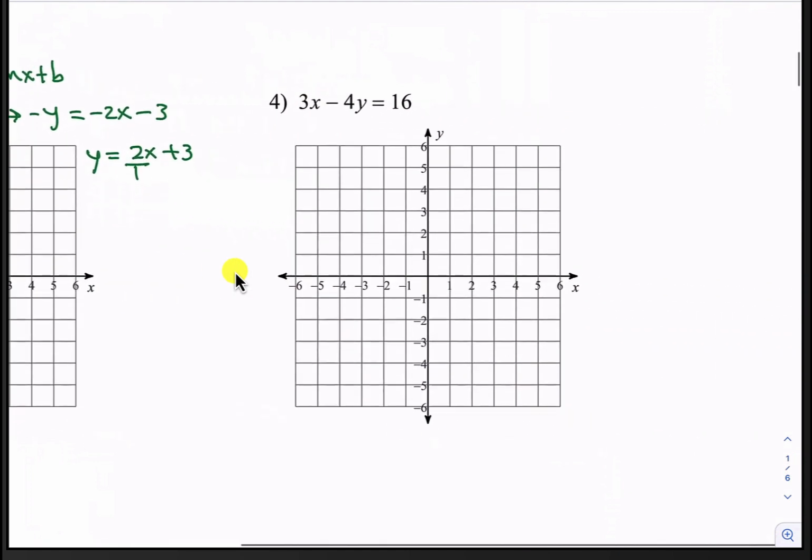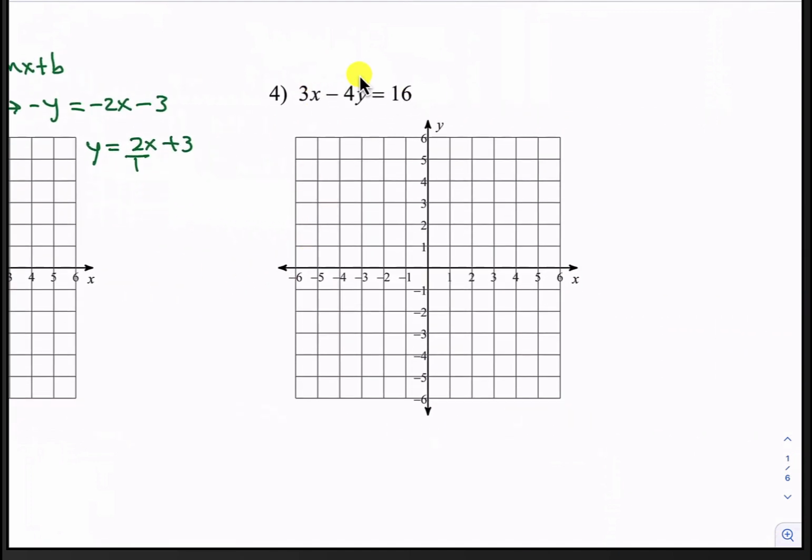Alright, number 4. Change this into slope-intercept form, y equals mx plus b. First step would be to subtract 3x from both sides. The 3x's cancel here. That's going to leave us with negative 4y equals negative 3x plus 16. We'll need to divide by negative 4 to get the y by itself.